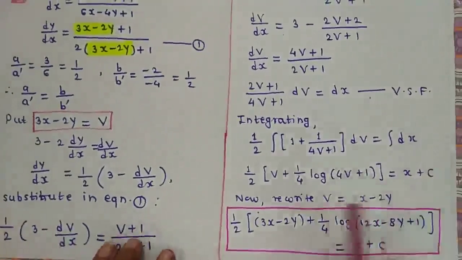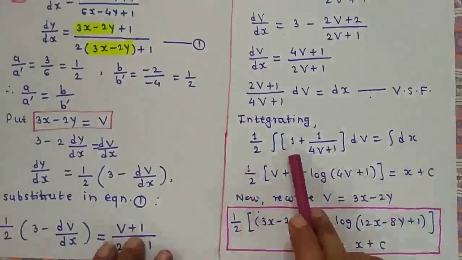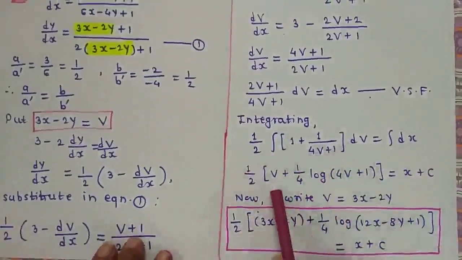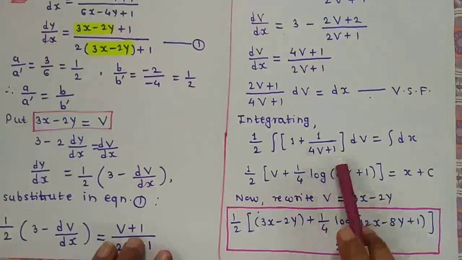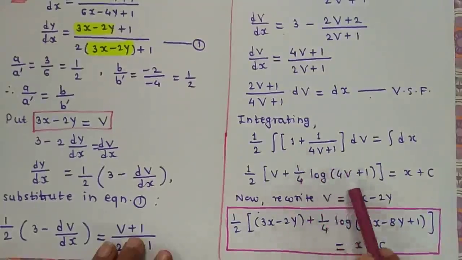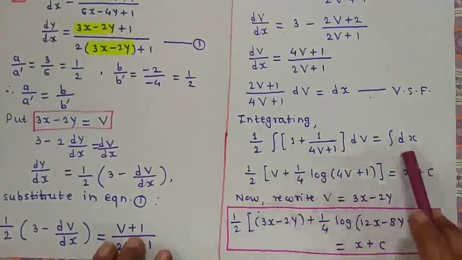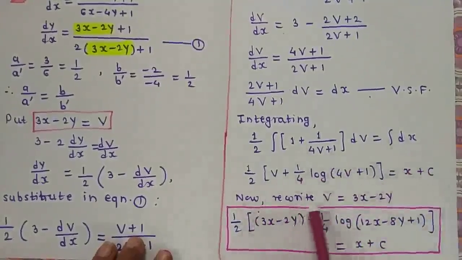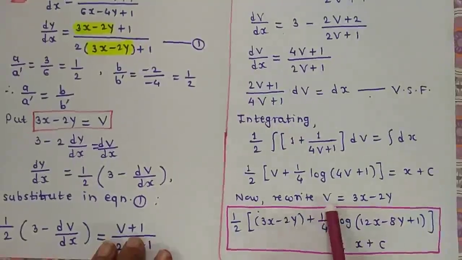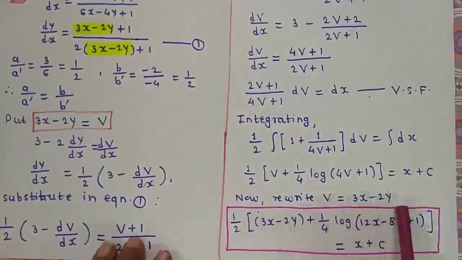So it is 1 by 2 times integration of 1 dv is v plus integration of 1 upon (4v plus 1) is 1 by 4 log (4v plus 1) equals integration of dx is x plus constant of integration c. Now we rewrite the value of v. So here our v is 3x minus 2y.